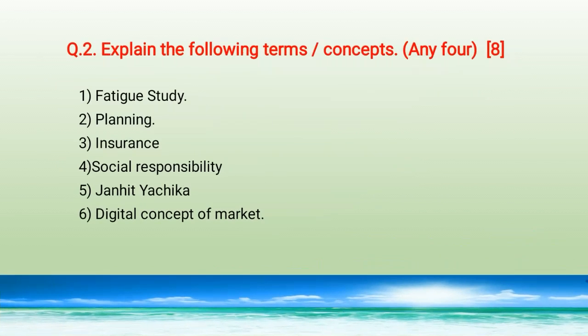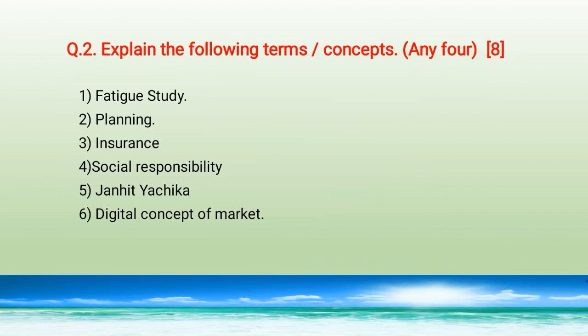It is explain the terms. You have to solve any 4 out of 6. Give any 2 points for each term. The terms are fatigue study, planning, insurance, social responsibility, Janahit Yachika, and digital concept of market. Each question carries 2 marks.